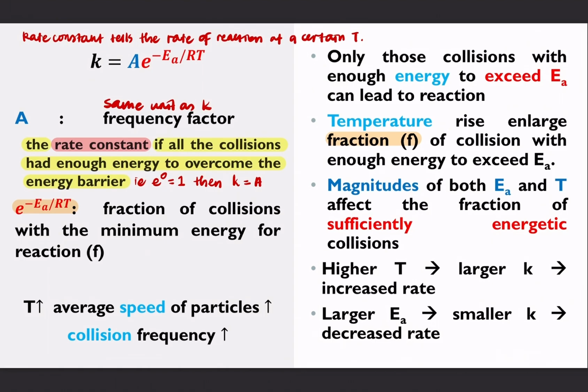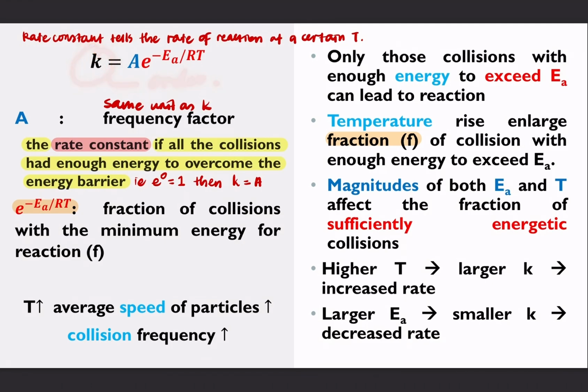So, what is A? A is your frequency factor or pre-exponential factor. This is your exponential factor, this is your pre-exponential factor. A will have the same unit as k. If you recall 1.1, it will depend on your order of reaction.